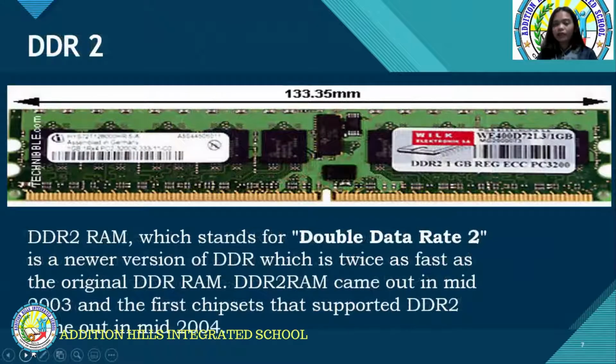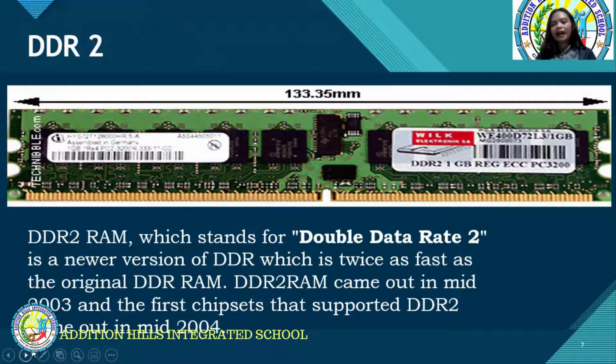DDR2 is another type of DDR. Meron niyang DDR, DDR2, and DDR3. DDR2 RAM, which stands for Double Data Rate 2, is a newer version of DDR which is twice as fast as the original DDR. DDR2 RAM came out in mid-2003, and the first chipset that supported DDR2 came out in mid-2004.